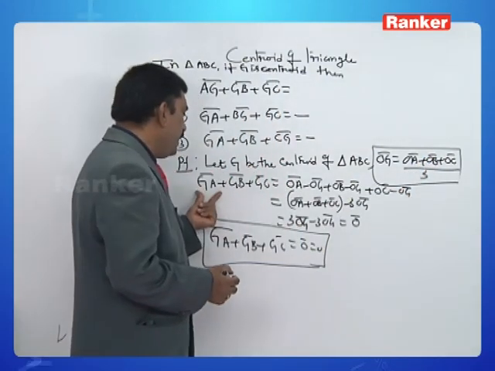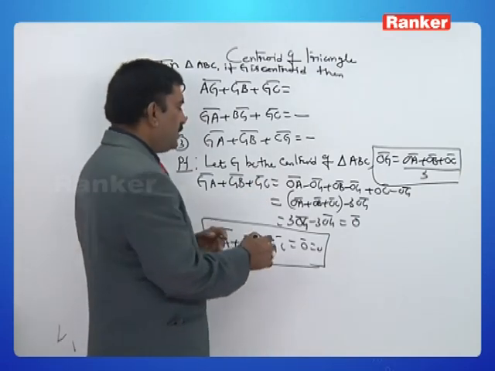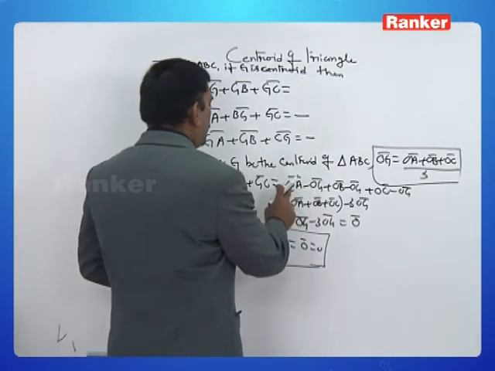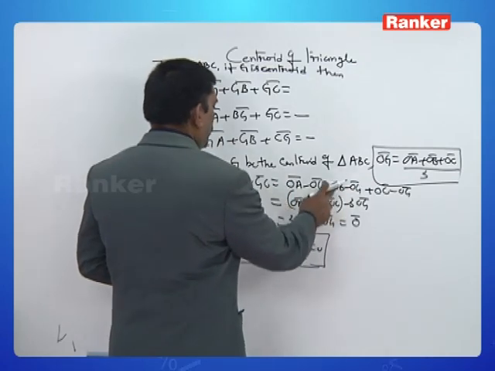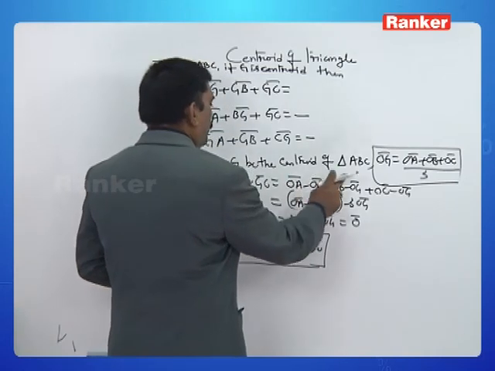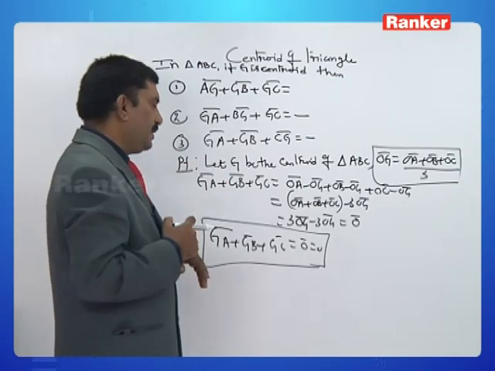So GA bar plus GB bar plus GC bar: every vector can be expressed as position vectors of its extremities. OA minus OG, OB minus OG, OC minus OG, gives OA bar plus OB bar plus OC bar minus 3 into OG bar.